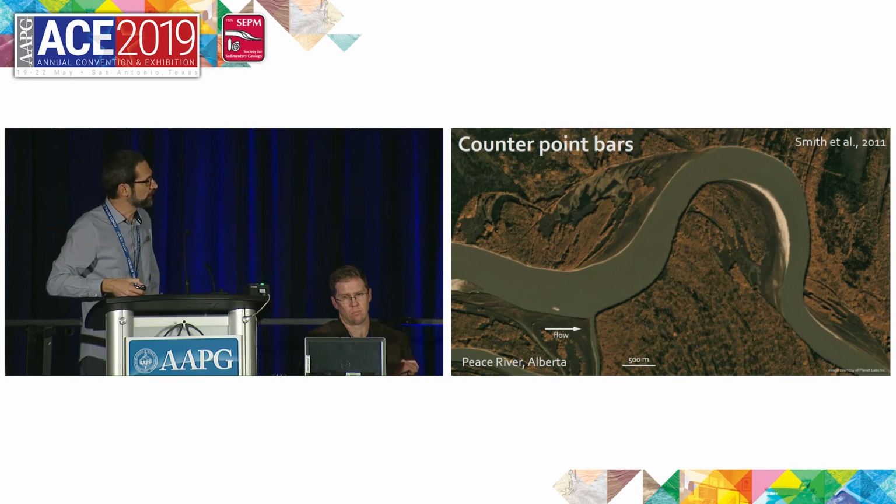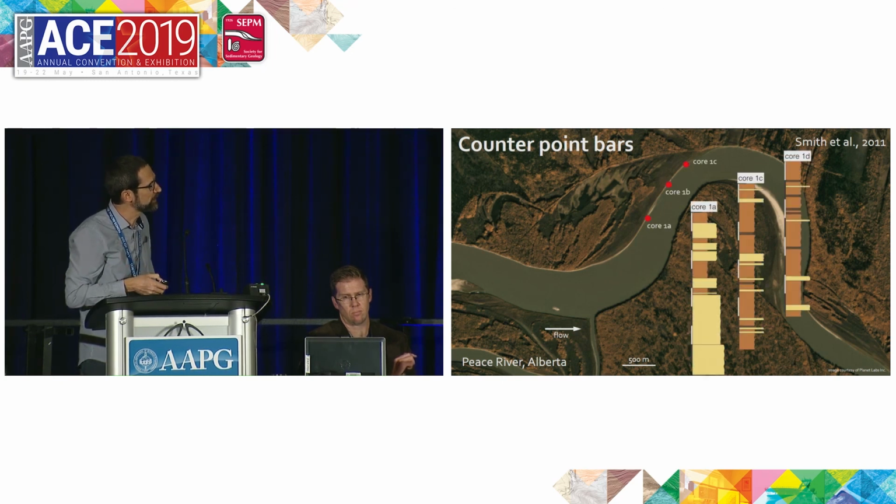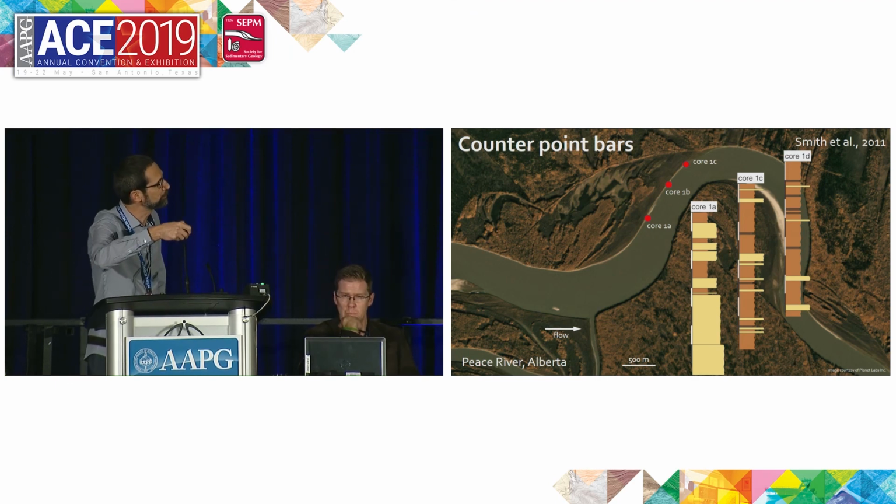So if we look at a natural example, this is a place studied by Darrell Smith and others in Canada. You can see here a translating bend, this one, and I can paint in these cores that they have collected, and you can see how it goes from pretty good sandy material to almost no sand over there.